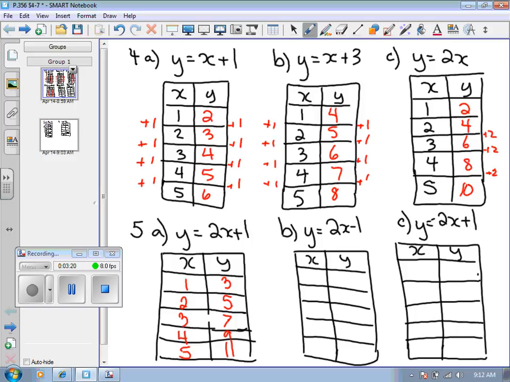Next one, what would you like for your table of values? Let's throw some negatives in this time. So let's start at negative 2. Negative 1, 0, 1, 2, okay? So 2 times negative 2 is negative 4 minus 1. Very good. 2 times negative 1 is negative 2, minus 1.